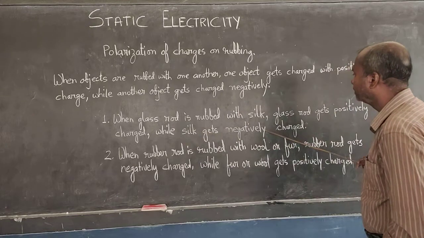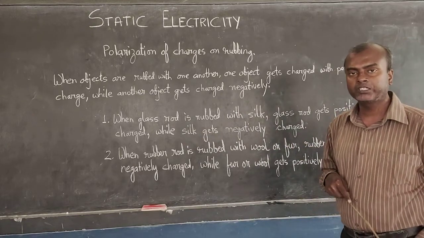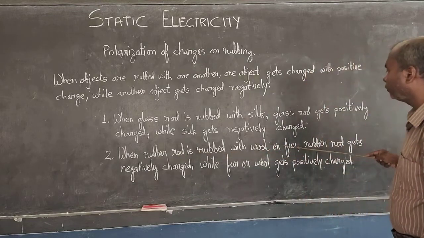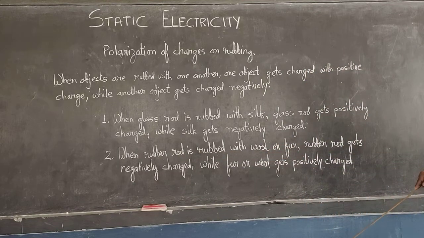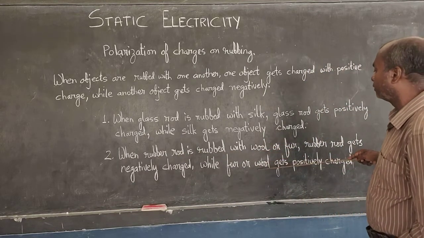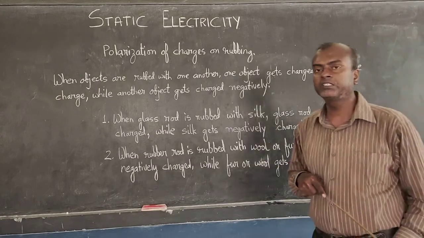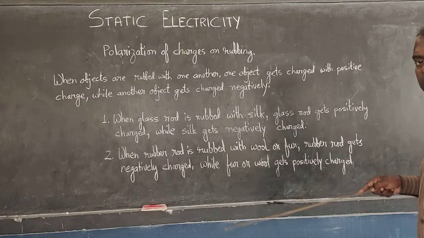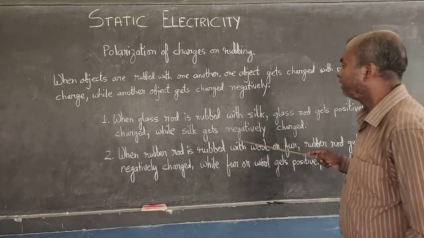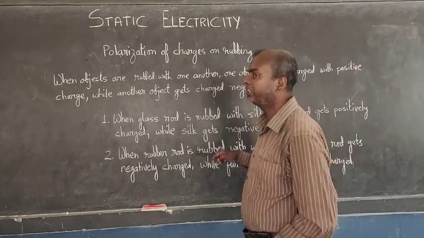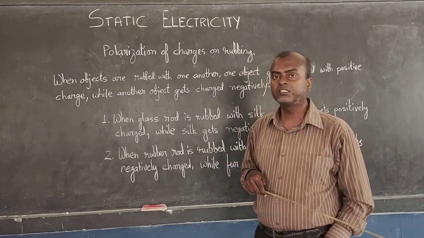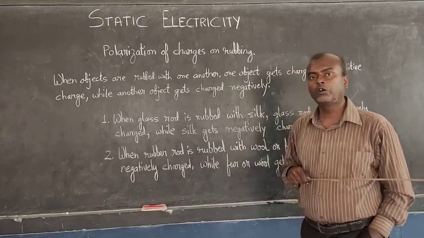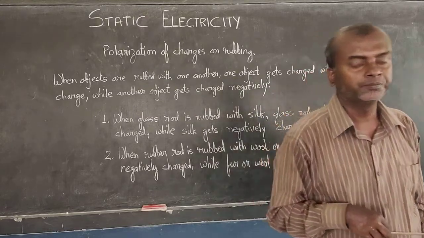When you rub a glass rod with silk, the glass rod gets positive charge, silk gets negative charge. Rubber rod, when you rub it with wool or fur, gets negatively charged, while the fur or wool gets positively charged. These facts will come in handy, and these are examples of static electricity. Static electricity is the electricity created by polarization of charges on rubbing or friction.